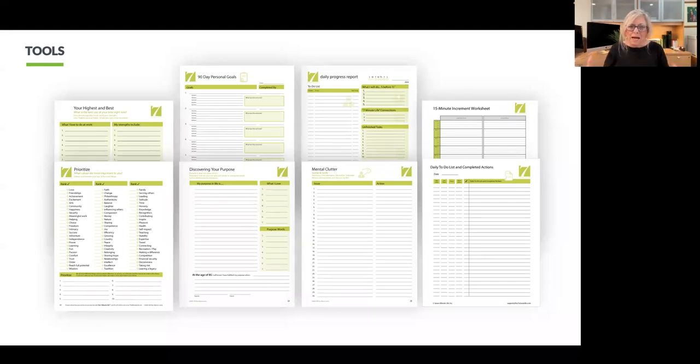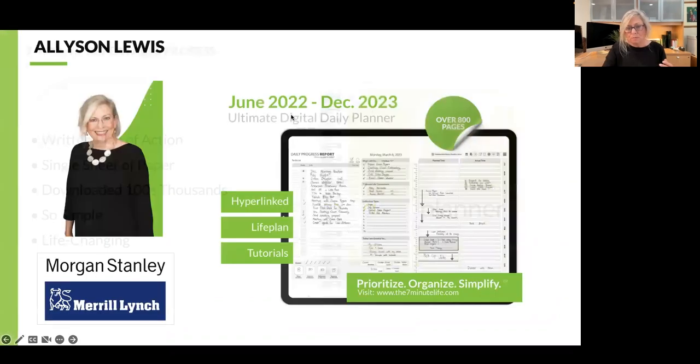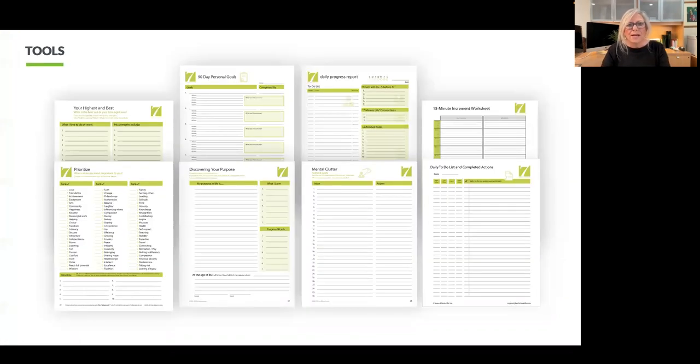It is time to really up the ante. And with the new year upon us, what is it going to be like if you can learn some new skills that can help you understand your highest and best, that can help you set goals, improve your time management with the daily progress report? Well, that's what we're here about today.